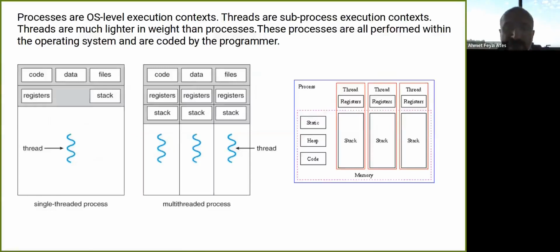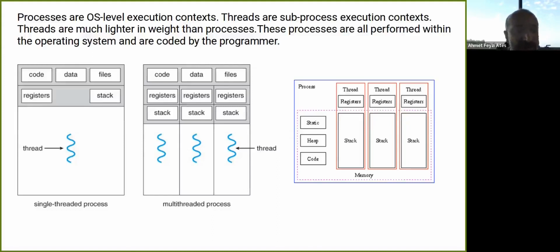Maybe you remember in your operating system courses, processes are operating system level execution contexts, but threads are sub-process execution contexts. Threads are much lighter in weight than processes. That's why most programmers use multi-threading instead of multiprocessing. Threads are all performed within the operating system and are coded by the programmer.